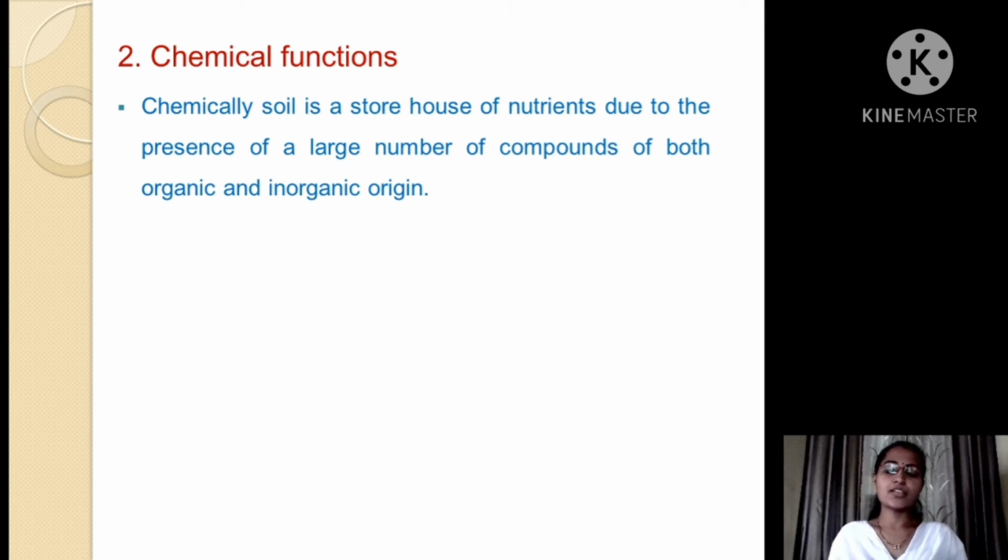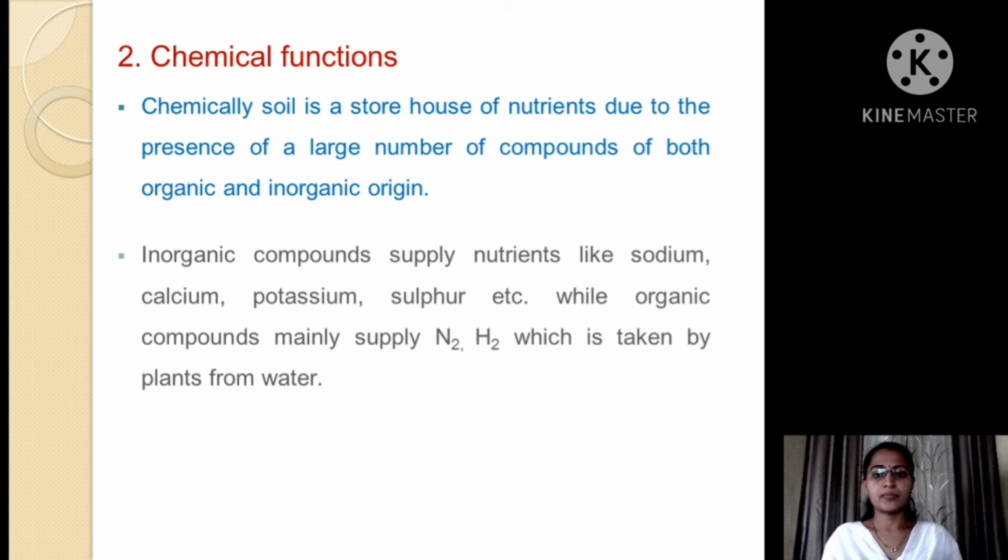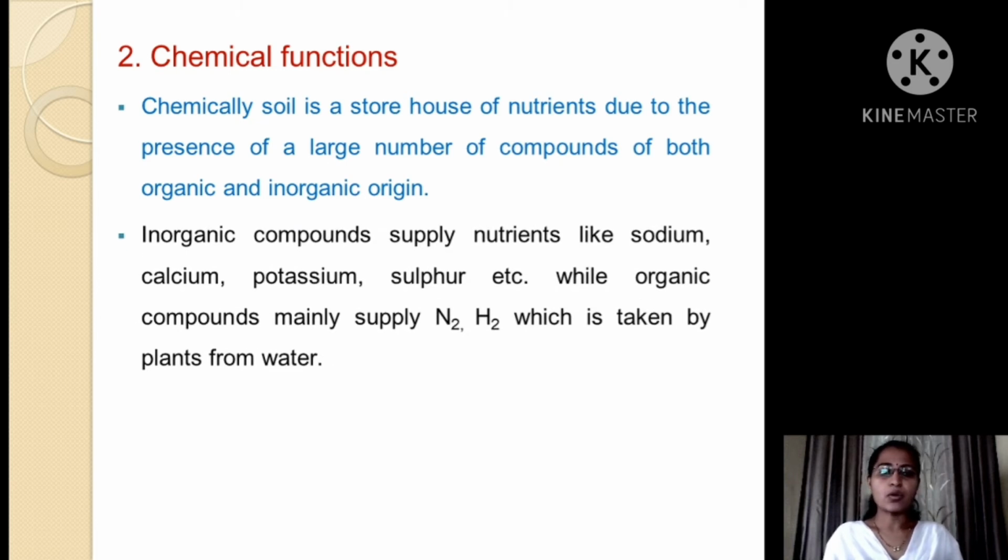Chemically, soil is a storehouse of nutrients due to the presence of a large number of compounds of both organic and inorganic origin. Inorganic compounds supply nutrients like sodium, calcium, potassium, sulfur, etc. While organic compounds mainly supply nitrogen and hydrogen, which is taken by plants from water.